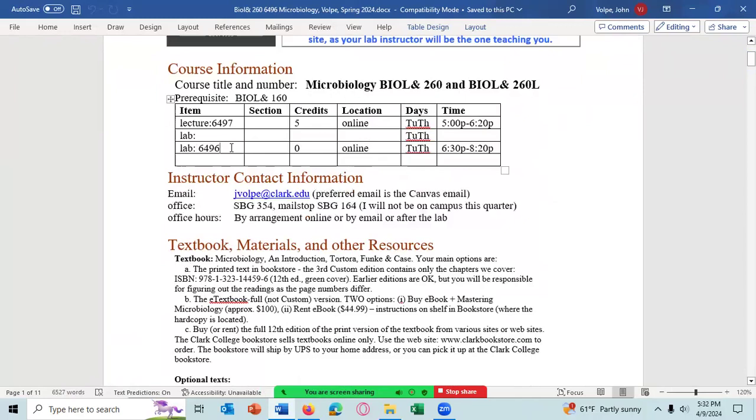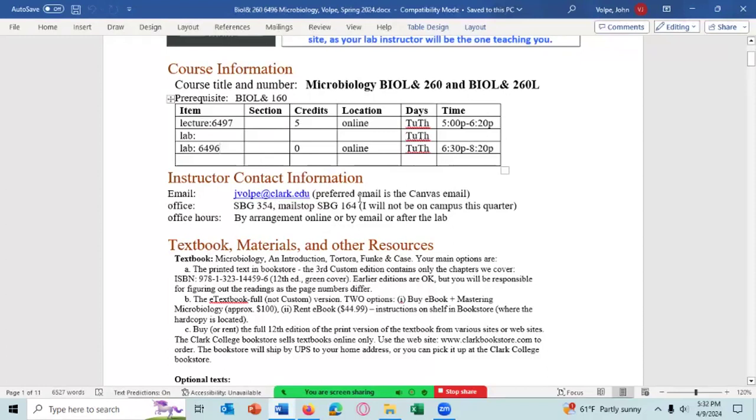And what they're doing is they're requiring you to sign up for the lab, and maybe somebody can answer this. Once you register for the lab, is it automatic that you are registered for the lecture? Can somebody answer that? Yes. Thank you. That's what I thought it was. And then the times of the Zoom session.